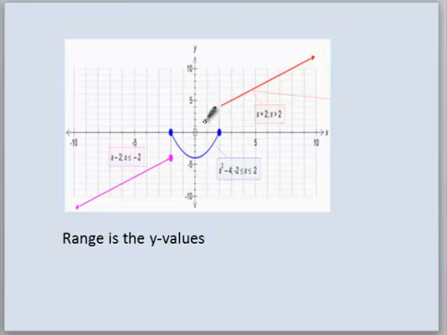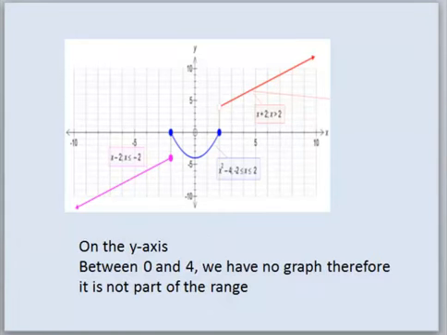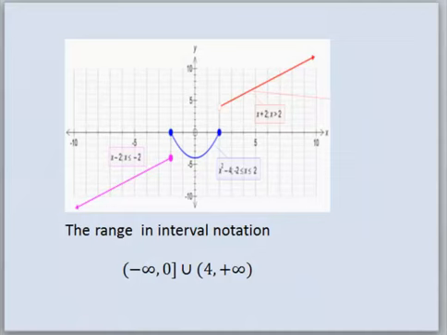So that means that here is a gap where there are no y values, and that has to be reflected in our range. Just to make sure that you get that, I've put this down at the bottom of the graph. Between 0 and 4 there is no graph, so that must be reflected in our range.